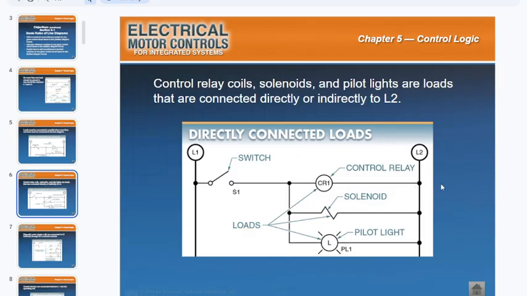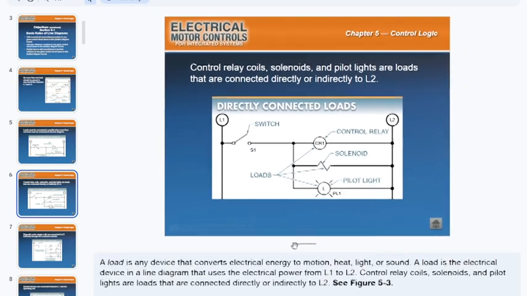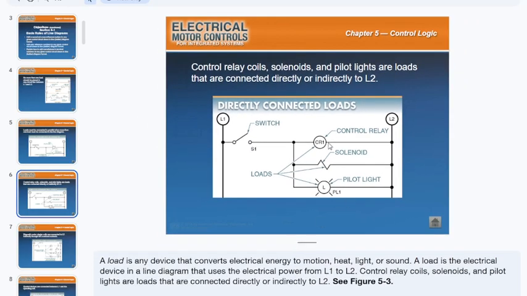That is what they mean by directly connecting to L2. Now, we don't have to hang out here too long because the next figure is going to explain the next part of this. Because you might be thinking, well, how else is there to get to L2? Well, indirectly. But none of these here are indirectly getting to L2. They are directly getting to L2.